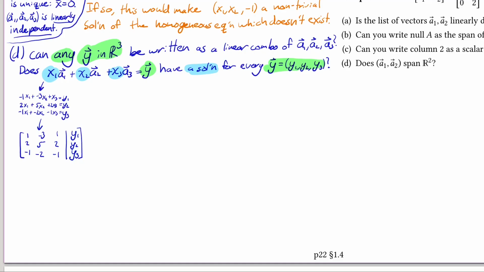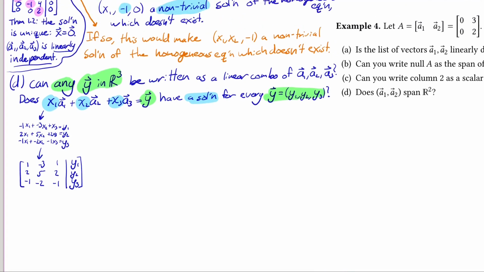Now, what we should probably do here is row reduce this to see, does this have a solution no matter what y is? But we've actually already row reduced it, sort of.